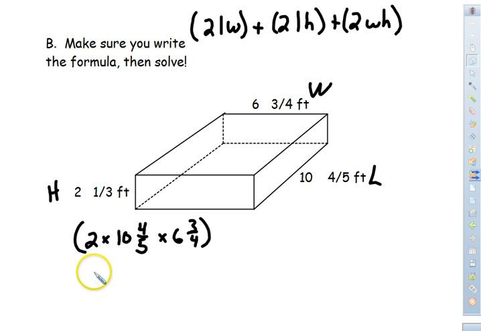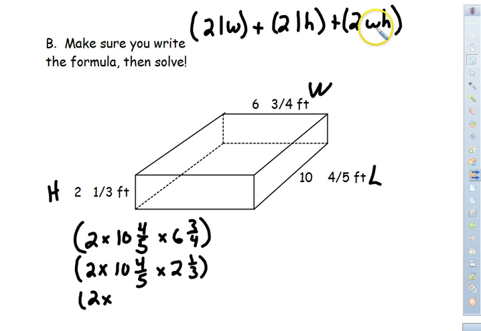Then I have 2 times length, which is 10 4/5, times my height, which is 2 1/3. Then I have 2 times my width, which is 6 3/4, times my height, which again is 2 1/3.